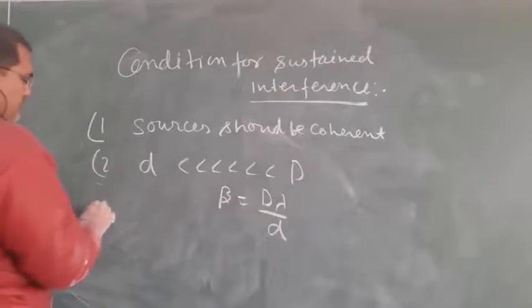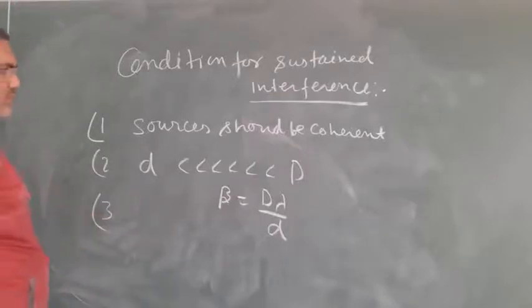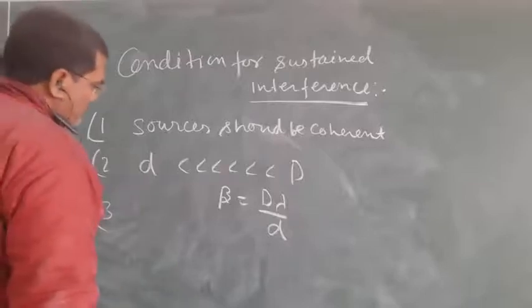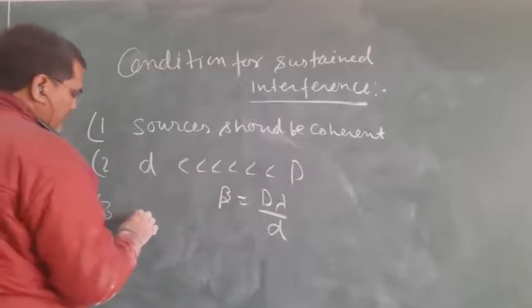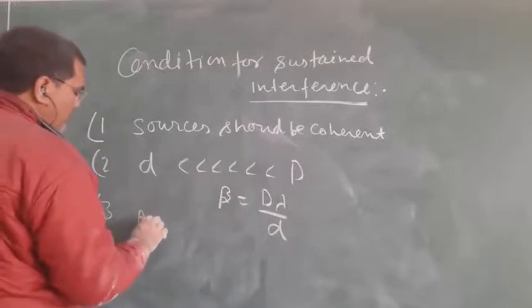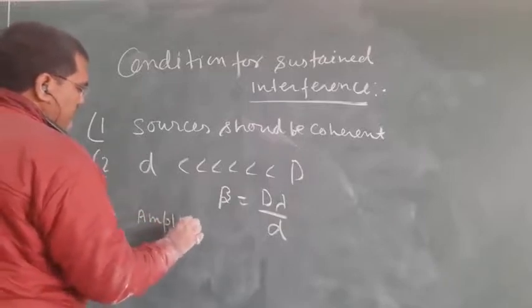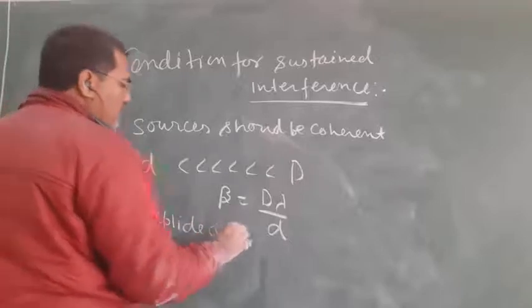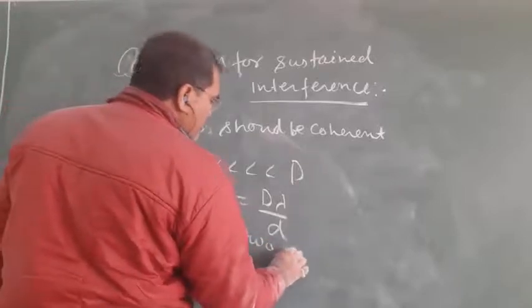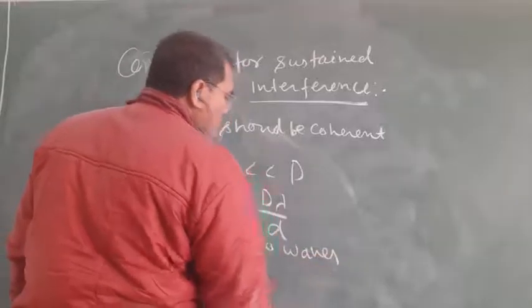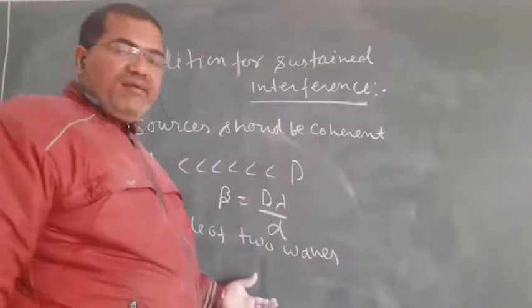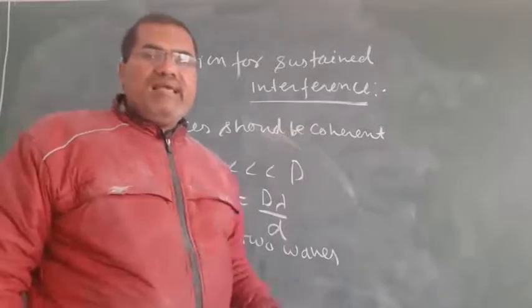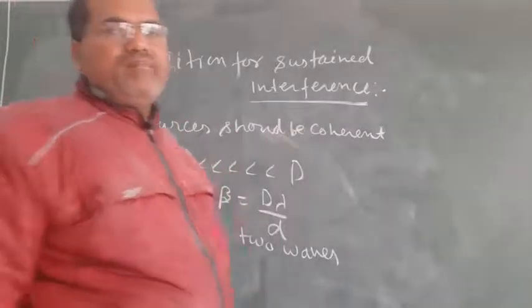Third condition is the amplitude of the two waves. The amplitude of the two waves which are interfering is the same or nearly the same. Why?